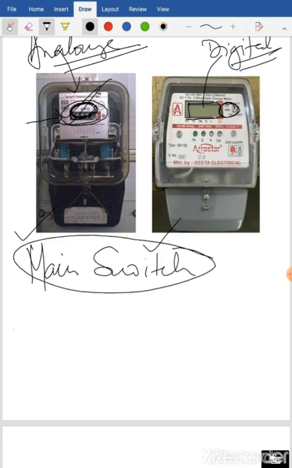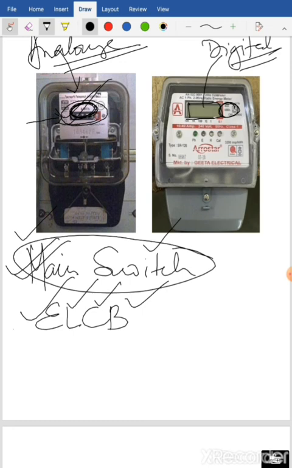It goes to the main switch. Nowadays we do not have the old version of the main switch. In place of the main switch, we also use a device called ELCB, that is the earth leakage circuit breaker. In place of the main switch we use this one, the earth leakage circuit breaker.